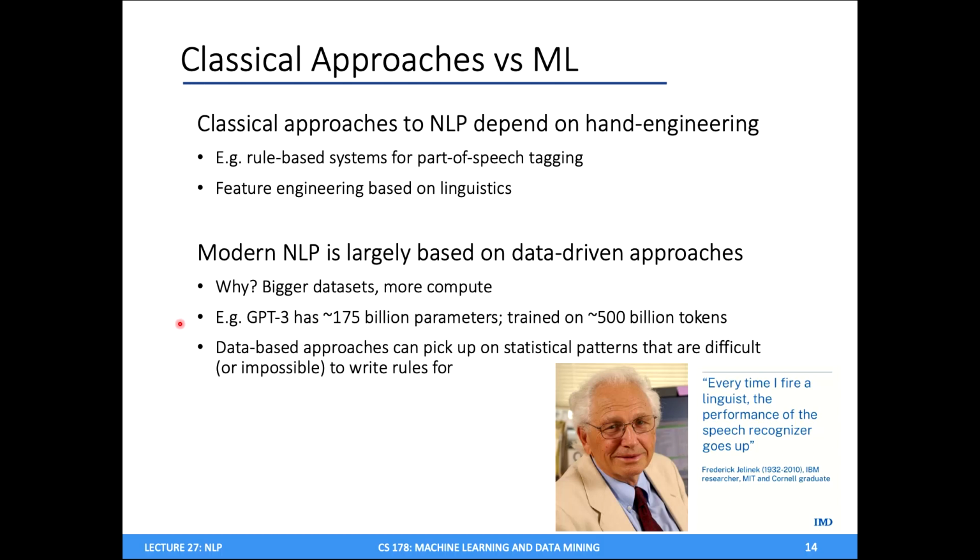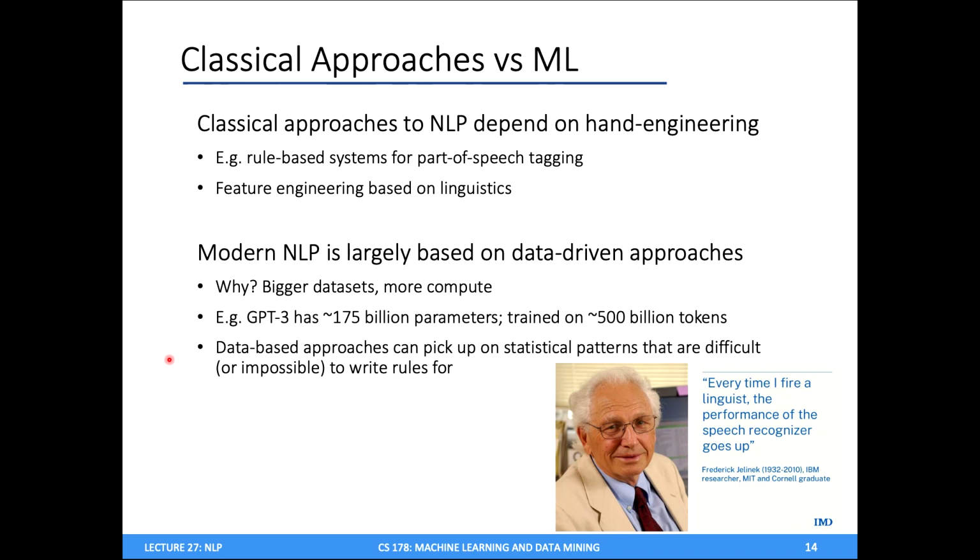So, for example, GPT-3, which is what underlies ChatGPT, has something like 175 billion parameters, and is trained on something like 500 billion tokens. You can think of a token as a part of a word. So it's essentially trained on the entirety of the internet, which takes millions of dollars to actually train on thousands and thousands of GPUs.